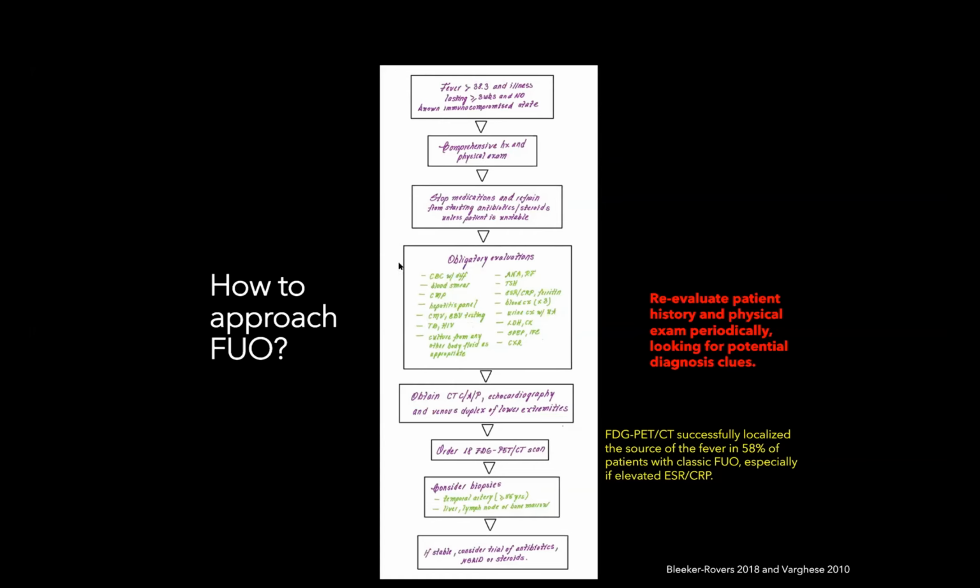If this is negative and nothing's popping out, you can go ahead and obtain a CT abdomen, pelvis, and echo. You don't want to forget your endocarditis and your lower extremity Doppler ultrasound.